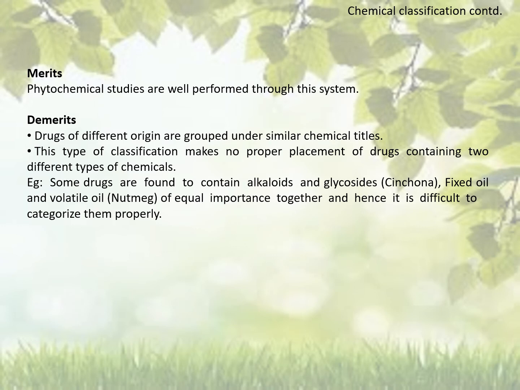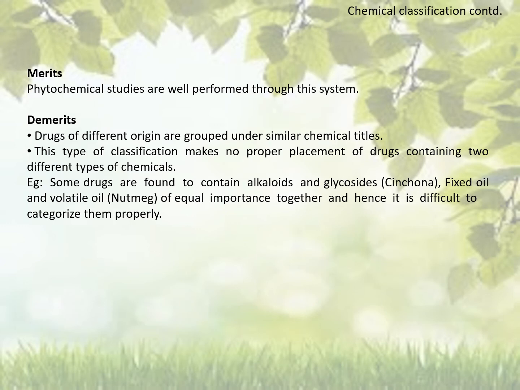I've shown an example here. Some drugs contain more than one chemical constituent, so it becomes difficult to place that drug, meaning in which category it should be placed. For example, cinchona. Cinchona is an antimalarial drug which contains both alkaloids and glycosides in it.